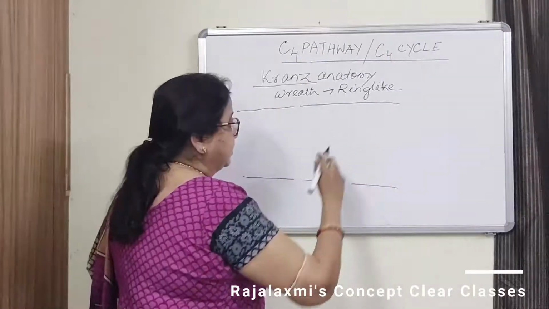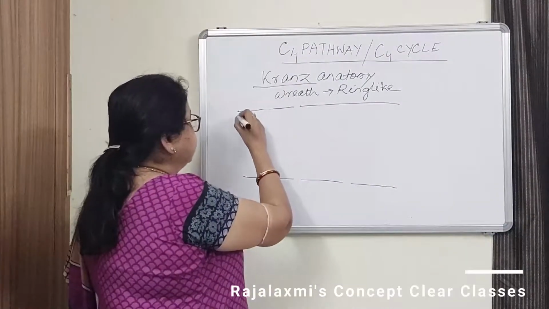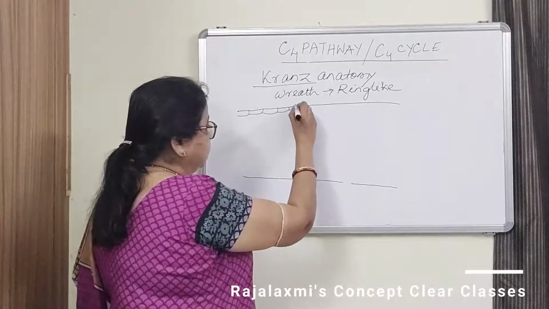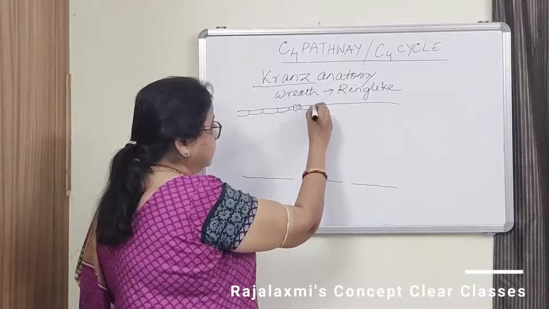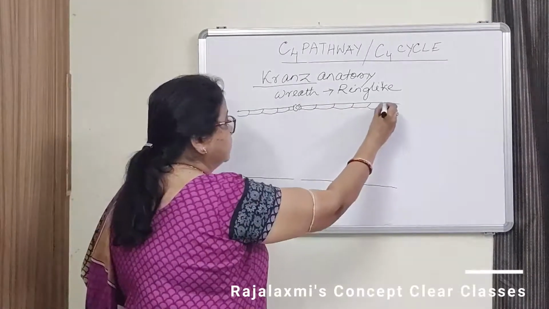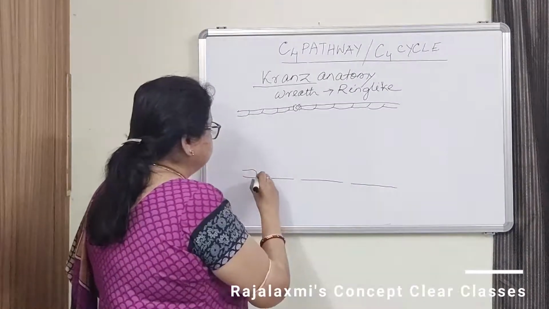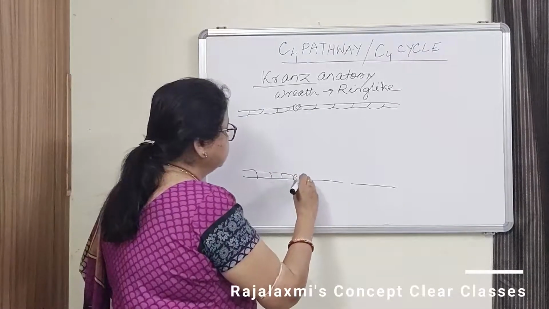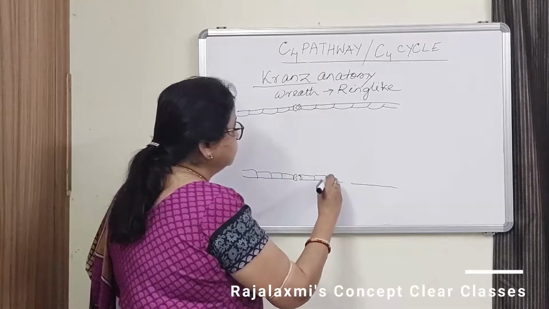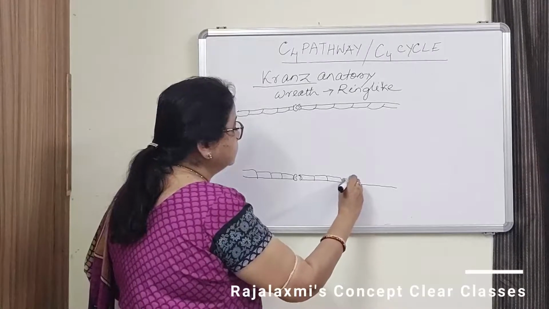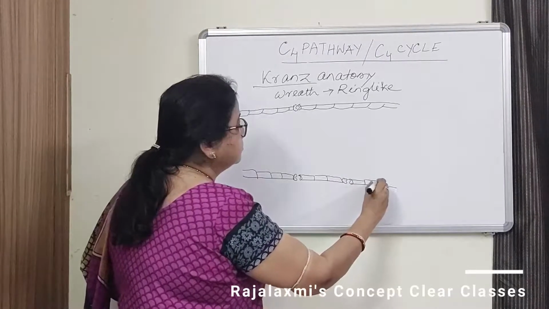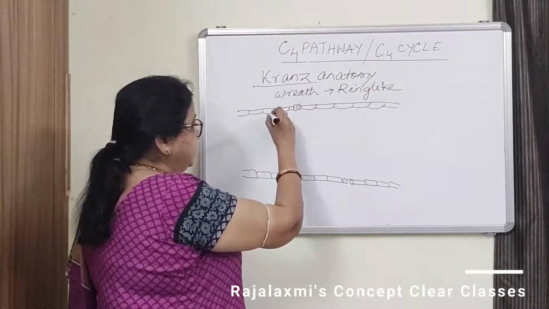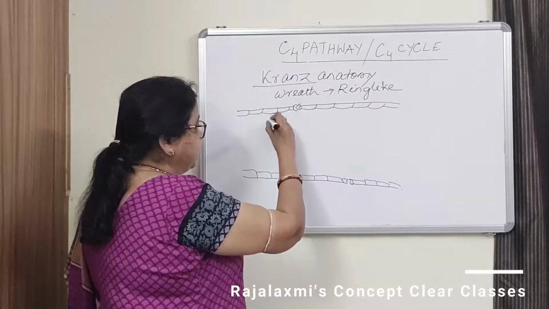In the leaf anatomy, there is the upper epidermis, and this is the lower epidermis, and below the epidermis there are mesophyll cells.